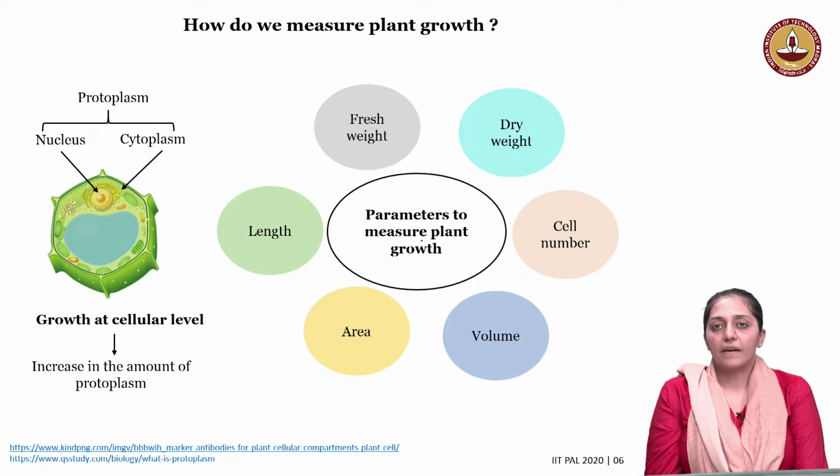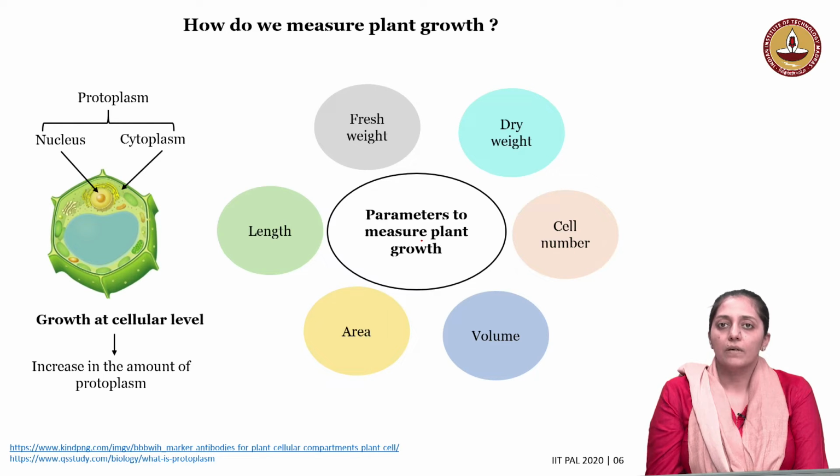There are different parameters which are used to measure plant growth. It is not practically possible to measure growth at the intracellular level all the time. So, there are indirect parameters which have been brought in to depict plant growth.